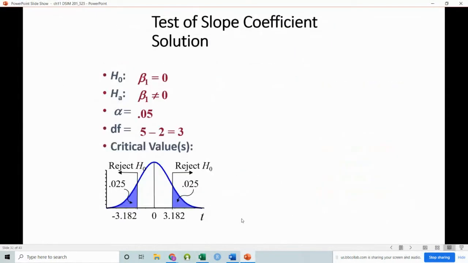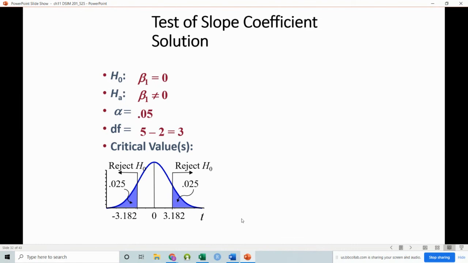Okay, so let's see the way the test of slope coefficient works. So beta 1 equals 0 is the null hypothesis. And our alternative hypothesis is that beta 1 does not equal 0. So we use an alpha significance level of 0.05, which is equivalent to 95% confidence. Our degrees of freedom: n equals 5 because we had 5 samples.